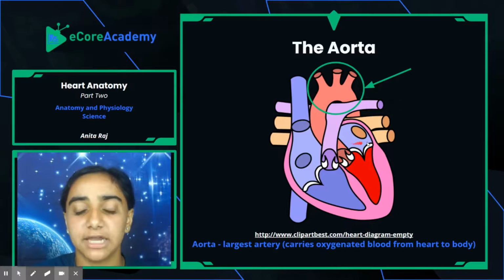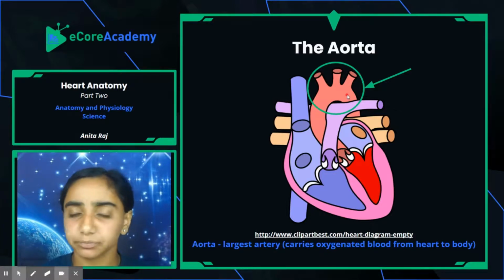Your left atrium, which is right here, will collect the newly oxygenated blood from your lungs through the pulmonary veins, which we'll be talking about later on, and the left atrium will force that oxygenated blood through the mitral valve into your left ventricle, and your left ventricle is responsible for pushing that oxygenated blood into your aorta, and your aorta will thus distribute that blood throughout the arteries in your body.